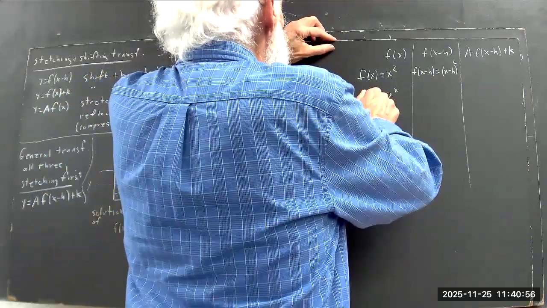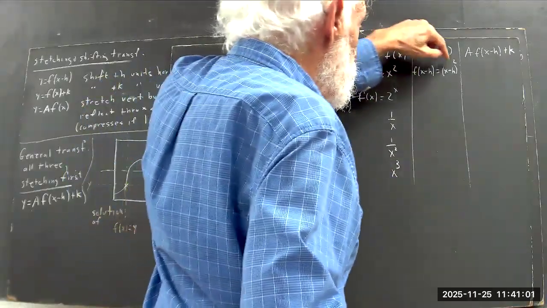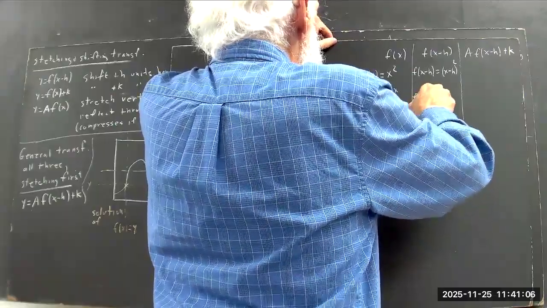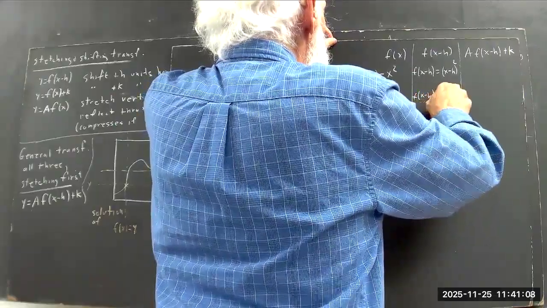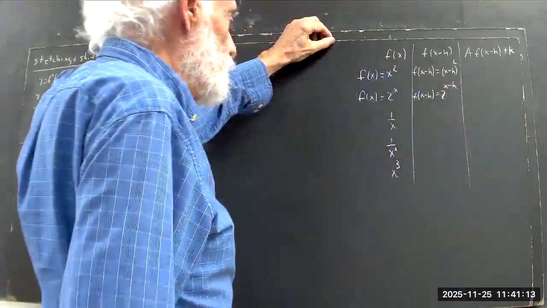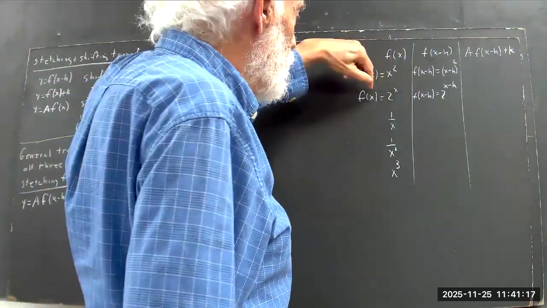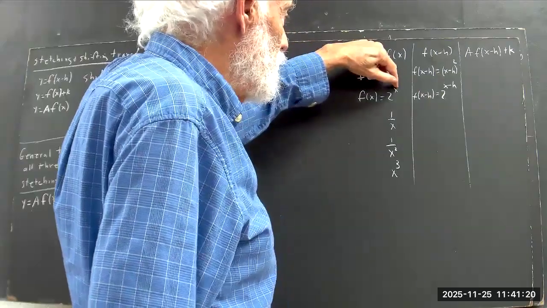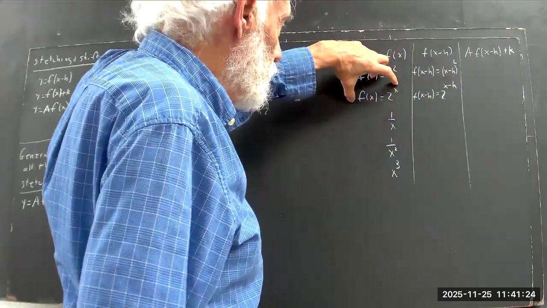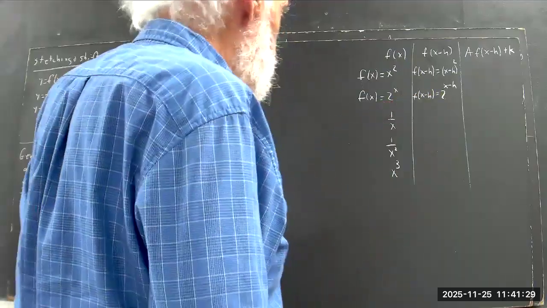If we have f of x equals 2 to the x, f of x minus h is 2 to the x minus h. The x minus h goes in the same place as the x's in this definition, so that this expression is identical to this expression, except x has been replaced by x minus h.